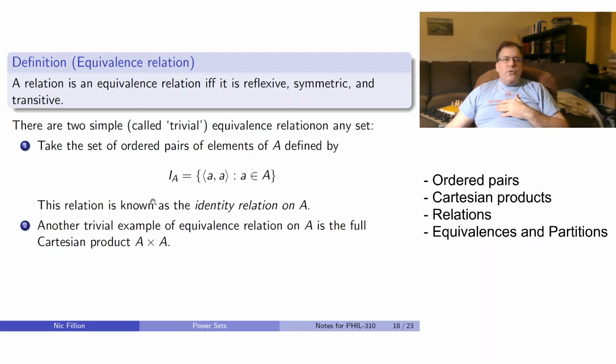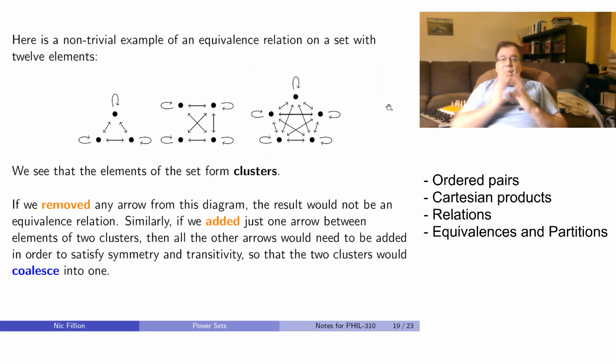But those are the two trivial equivalence relations on a set. There might be some that are not trivial. So here, imagine that all the dots are part of one and the same set, okay?